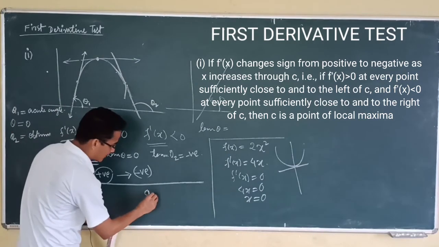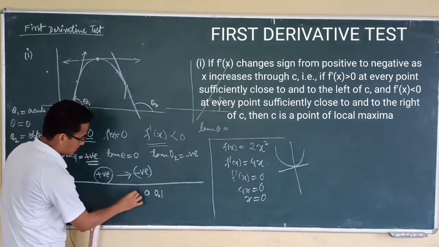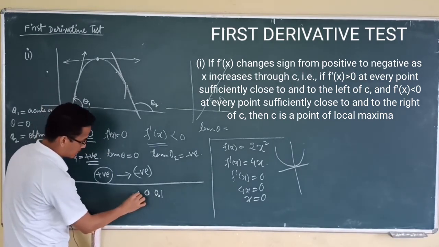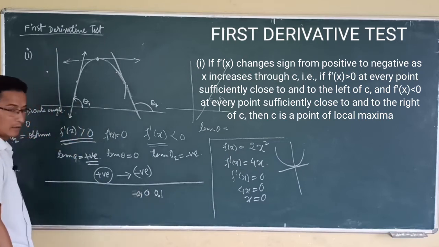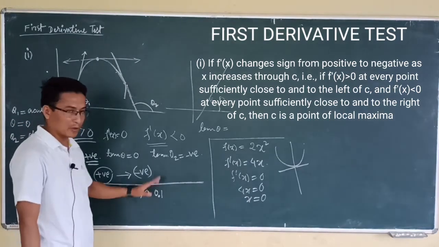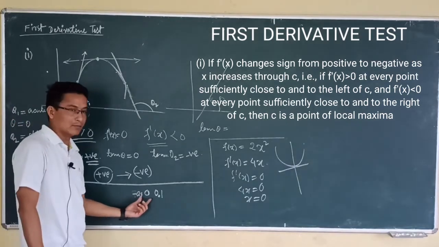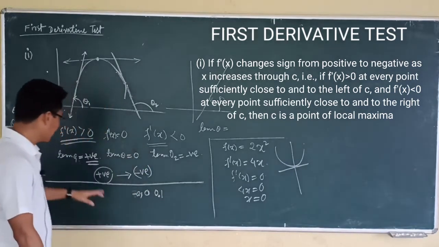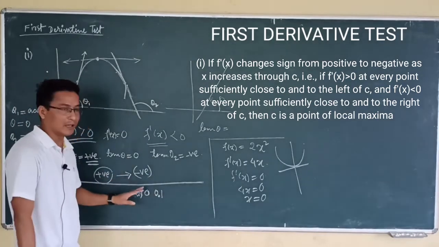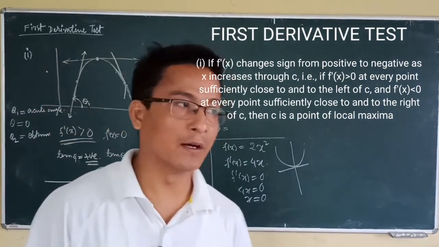We take one value from this side, 0.1, and from the other side, minus 0.9. So we take one point from there and one from this side and we put the values. Then we say that if it travels from positive to negative direction, we call it the maximum value of a function.